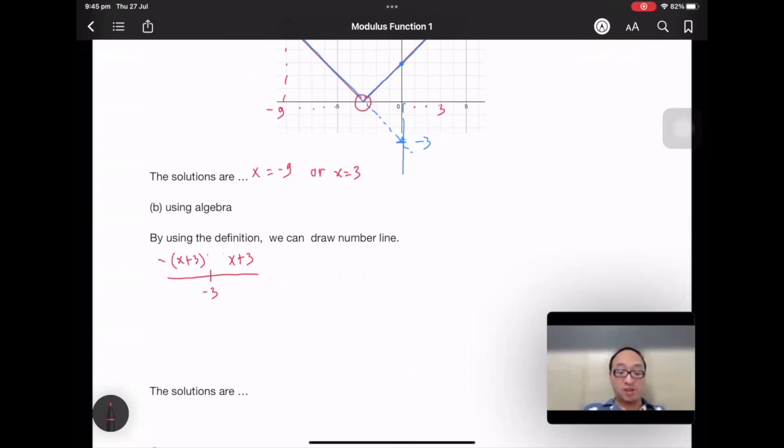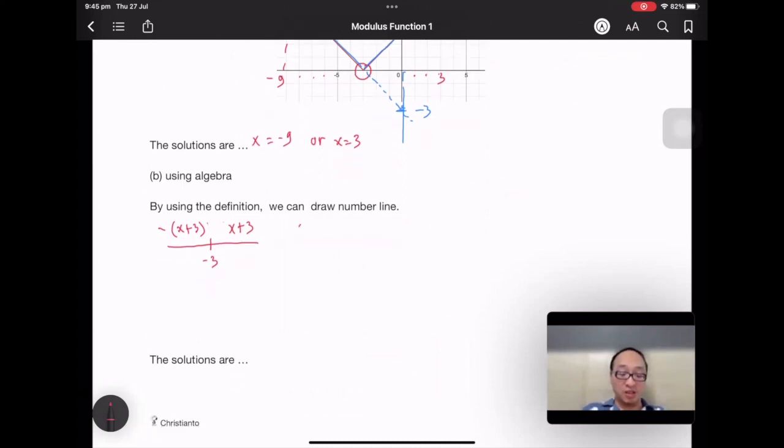So we can find the solutions. In the region of x greater than or equal to negative 3, the function x plus 3 will be equal to 6. So that means x equals 3.